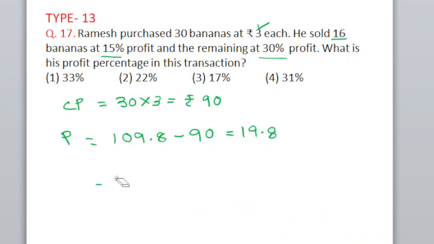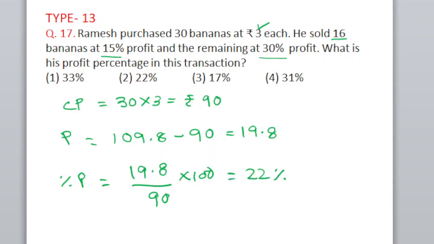So percentage profit is equal to profit divided by CP, where CP is 90, into 100. So after solving this, we are getting it as 22%. That means here option 2 is the right answer.